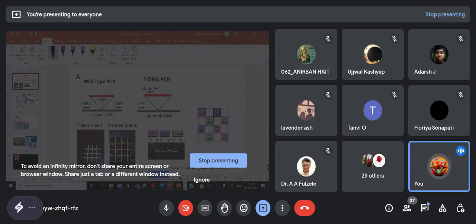So the T-DNA is a sequence which is going to disrupt the genomic DNA if it sits in your gene of interest, right? And what we do is basically use primers, depending on how you are designing the primer.